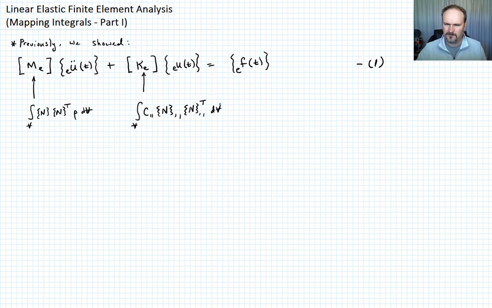Okay? And we had similar terms for this force vector as well. So that's all well and good. The question we want to focus on now is how do we solve these types of integrals?